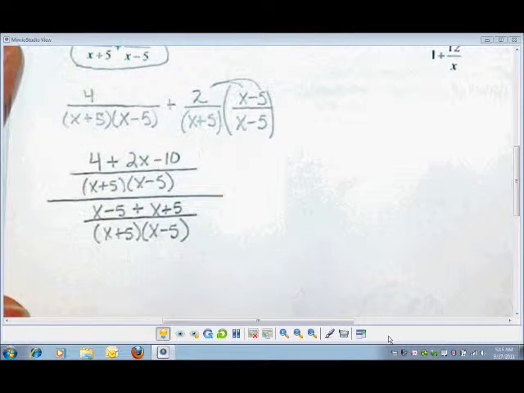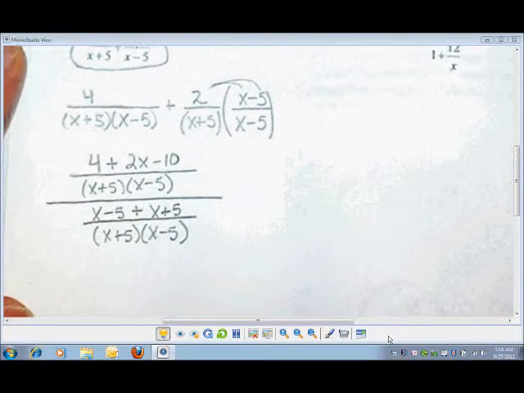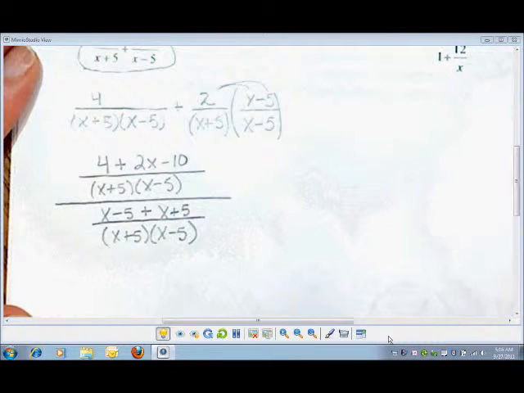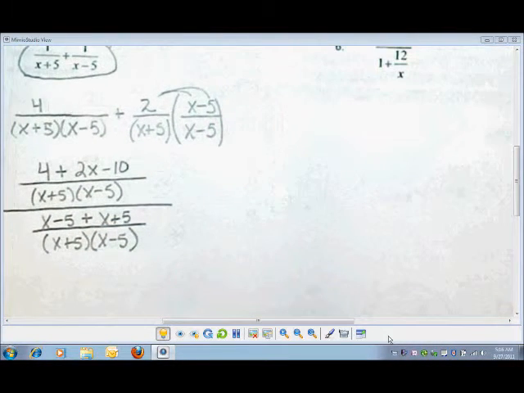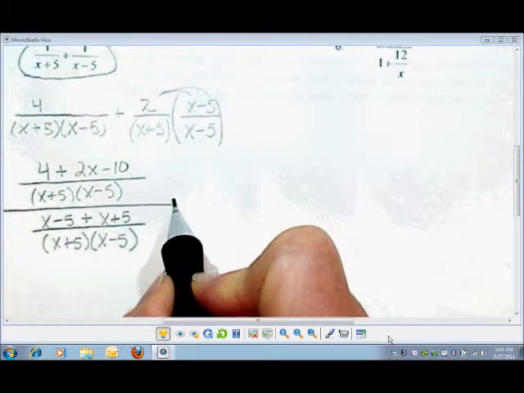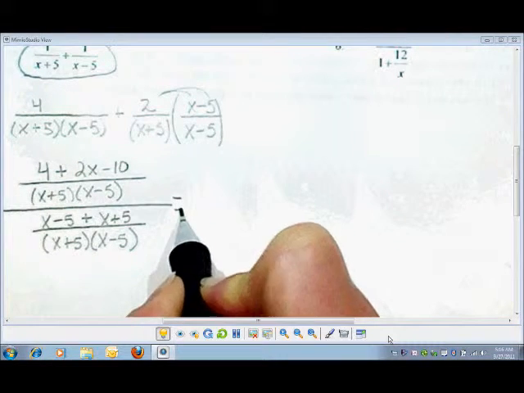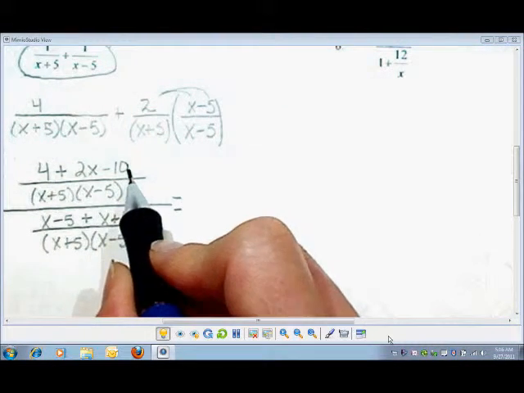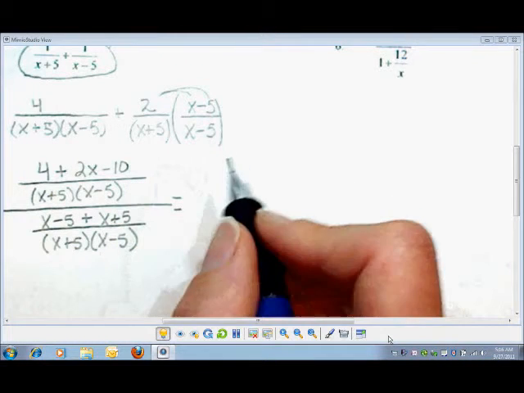Okay, it doesn't really look that much better, but remember that this is a multiplication problem. So I'm going to rewrite this as a multiplication problem. I'm going to clean up the numerator of this fraction first.